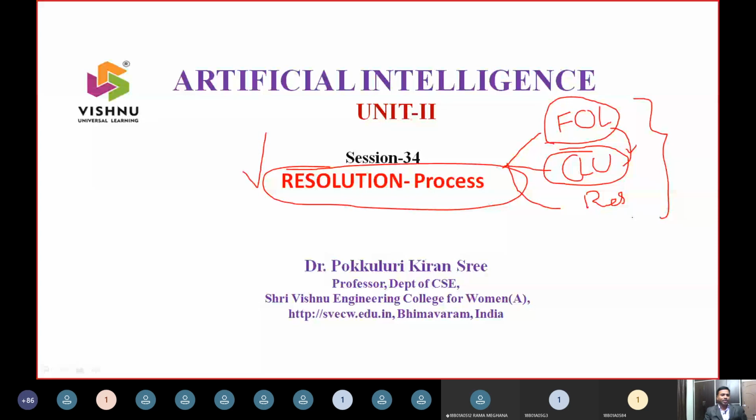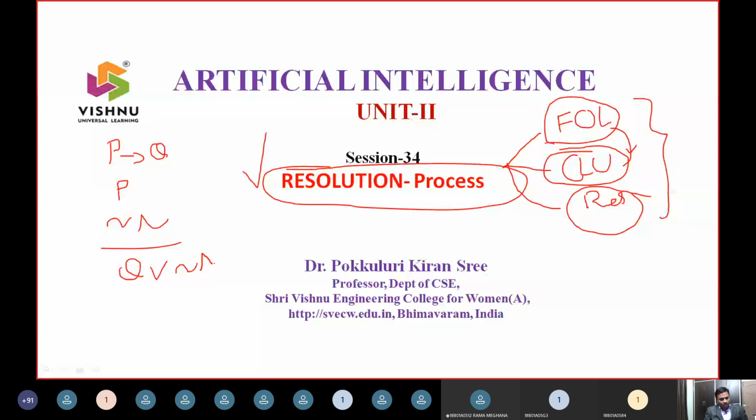The resolution algorithm is very simple. See, I wish to prove something. Suppose you have P to Q, you have P, and you have negation of R. From this you can easily get an inference.